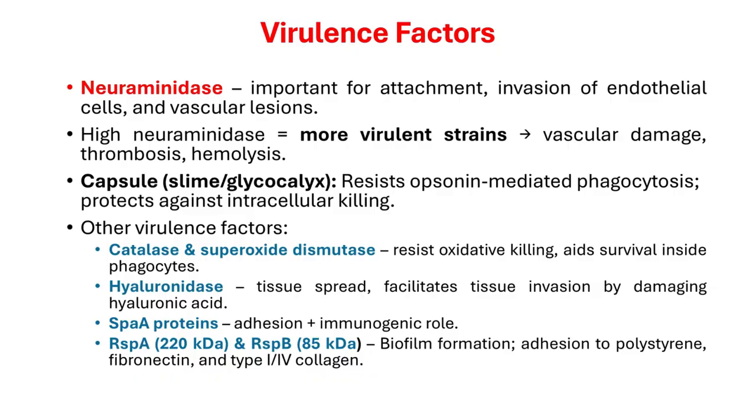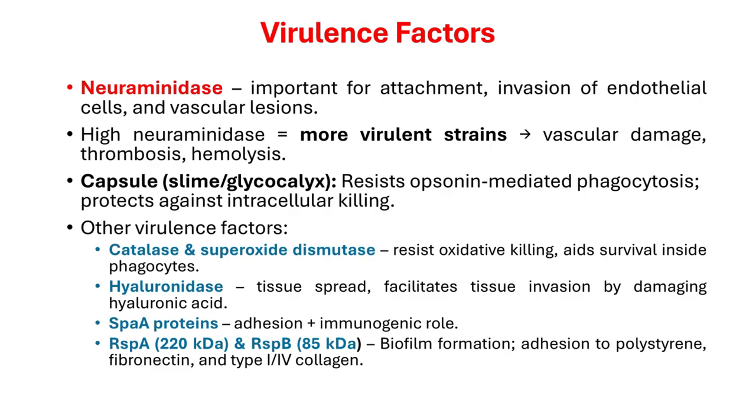Erysipelothrix rhusiopathiae possesses several key virulence factors that help it survive and cause disease. The capsule, or glycocalyx, protects the bacteria from opsonin-mediated phagocytosis and intracellular killing. The SpaA protein is an important surface antigen that contributes to protective immunity. The large surface proteins RspA and RspB support biofilm formation and help the organism adhere to surfaces like fibronectin and collagen.